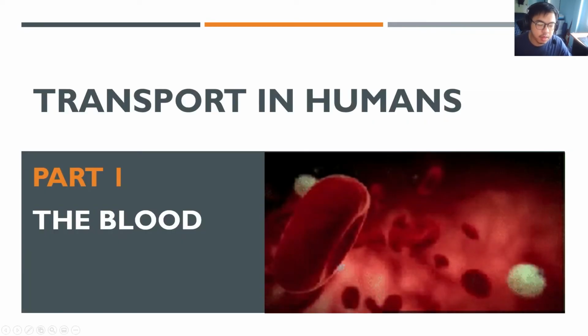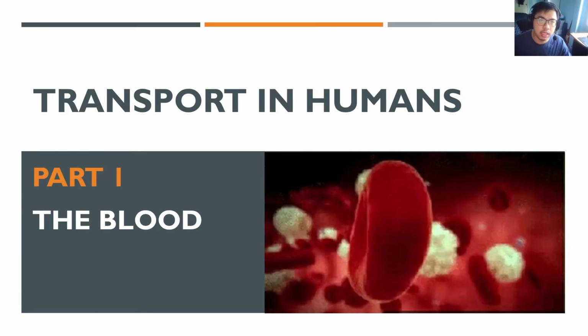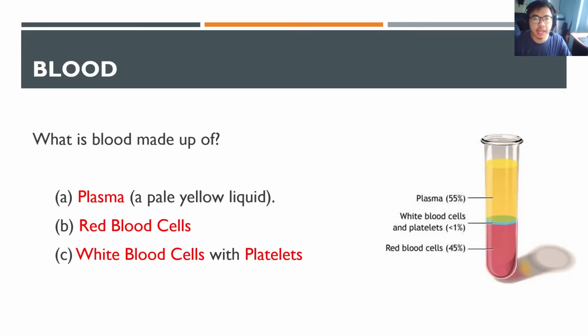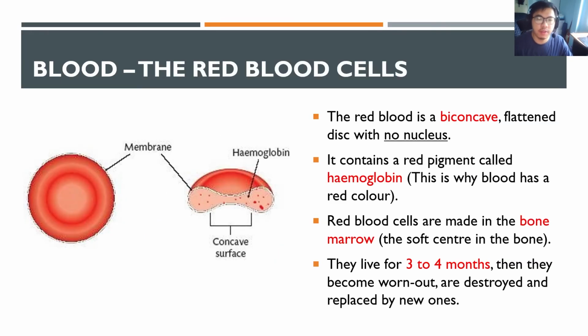As a summary, what do you need to know about the human blood? Know that the blood is made out of four things: plasma, red blood cells, white blood cells, and platelets. As for the red blood cell, make sure you know what it looks like. Make sure you know that it contains hemoglobin, which is a red pigment, and the hemoglobin is what makes the red blood cell red.